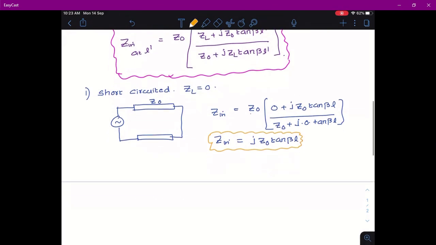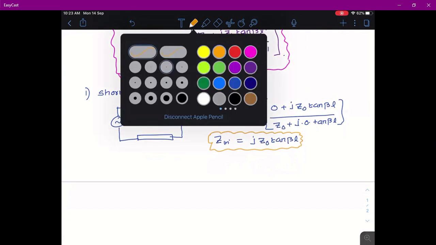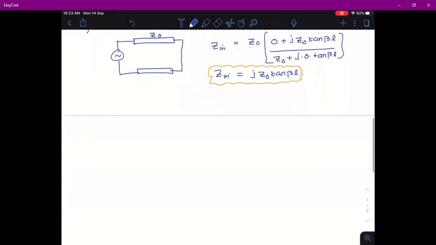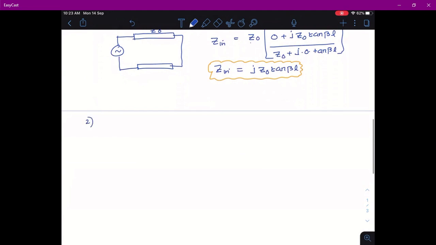Okay. Now, let us consider another scenario where the load is open, or you can say it is an open circuit, which means the load impedance ZL is equal to infinity.